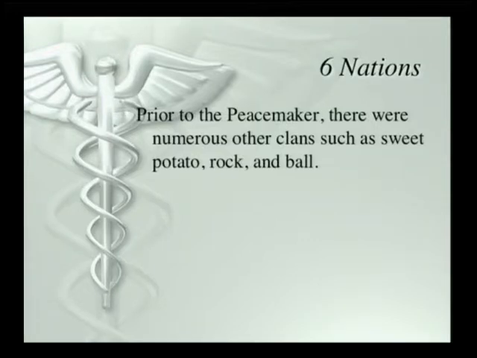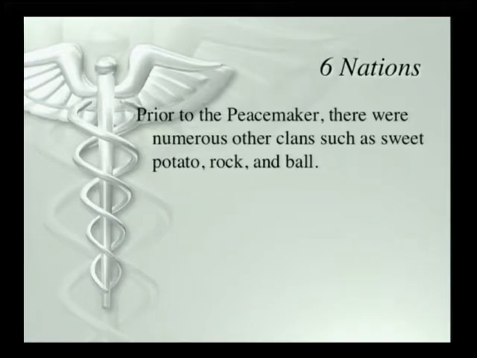So their convention is to refer to him as the Peacemaker, but his chief disciple, if you will, they do refer to by name, and that's the classic Hiawatha. There's a whole story around that, which I probably won't get into, but it figures into the creation story of how the Confederacy got formed.